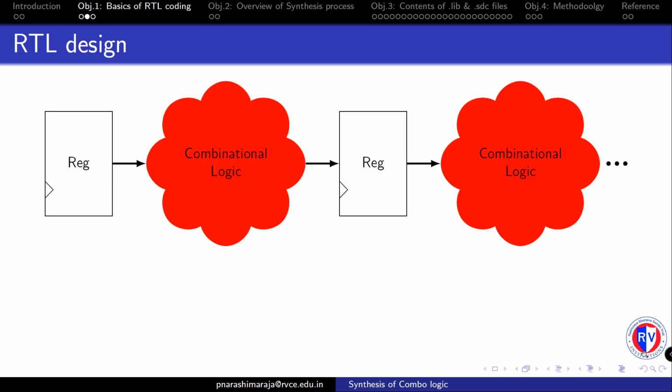In digital circuit design, RTL or register transfer level is a design abstraction which models synchronous digital circuits in terms of the flow of digital signals, that is the data signal, between the registers, and the logical operations performed on those signals. A synchronous circuit consists of two kinds of elements.